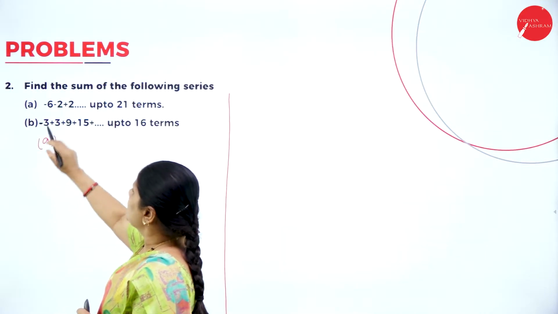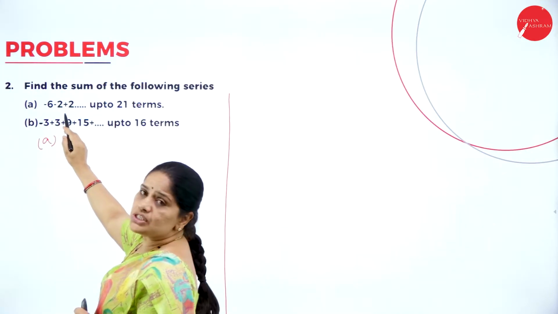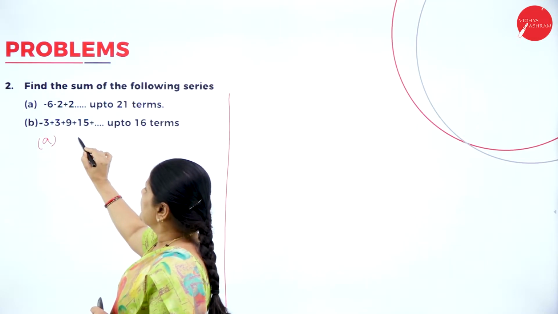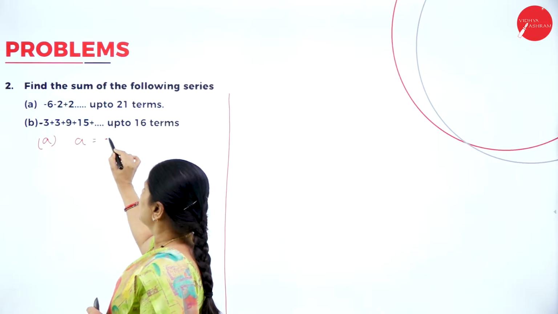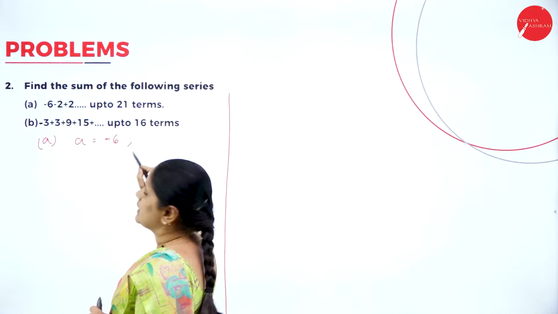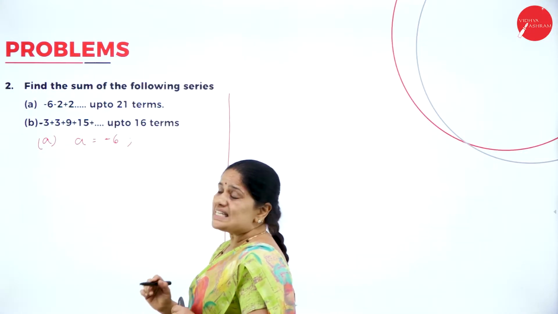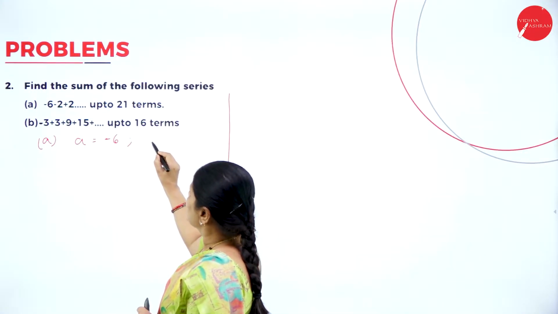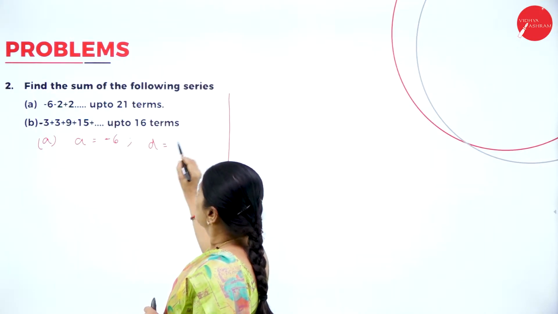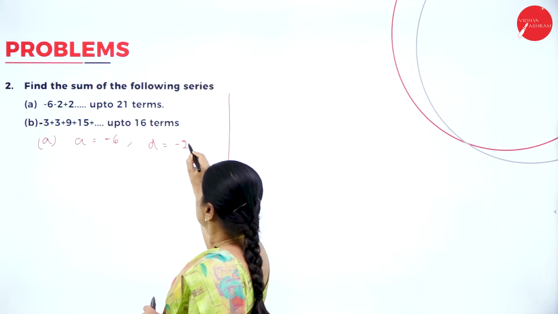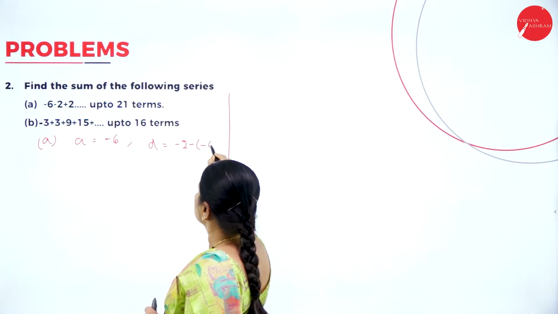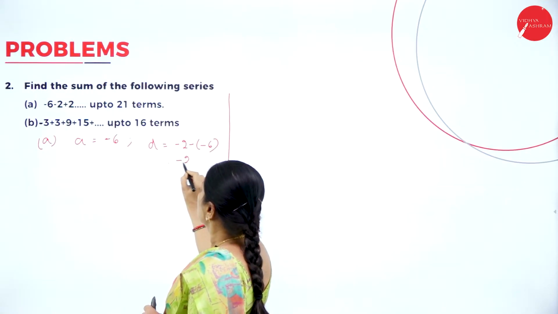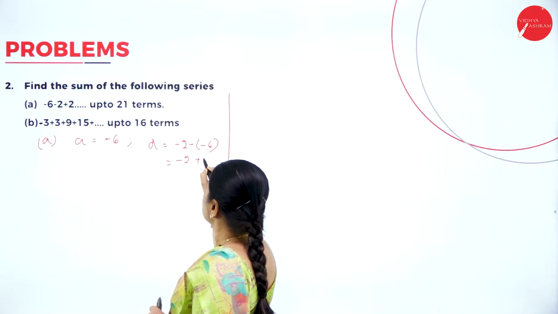In this problem A, minus 6, minus 2, plus 2. So, I'll identify what is A here, minus 6. Then, I'll have to find out what is D. So, D will be equal to minus 2 minus of minus 6. So, this will be minus 2 plus 6.